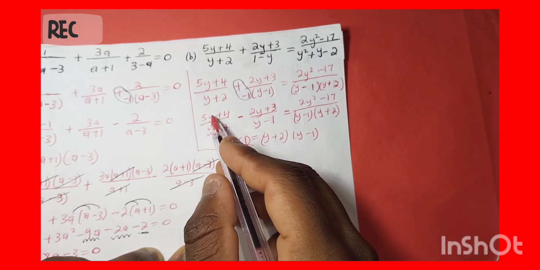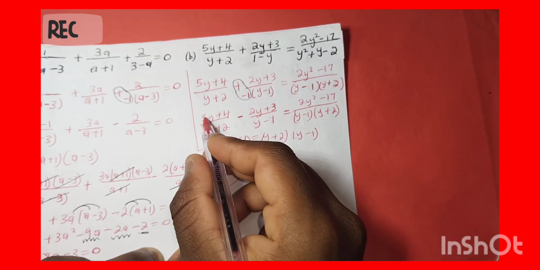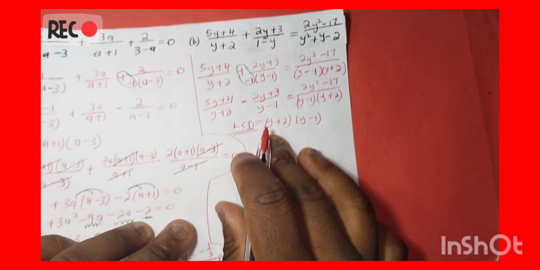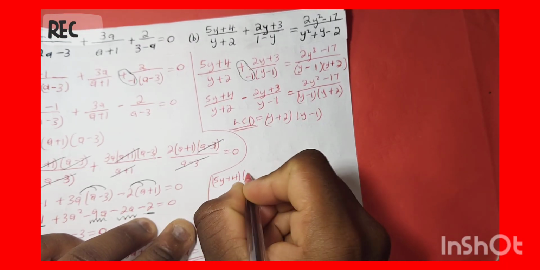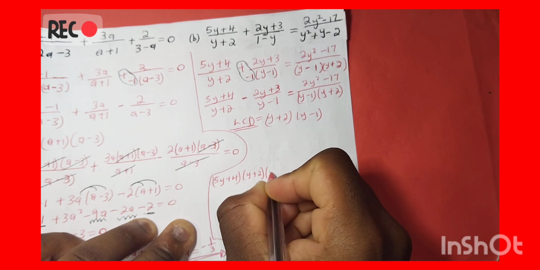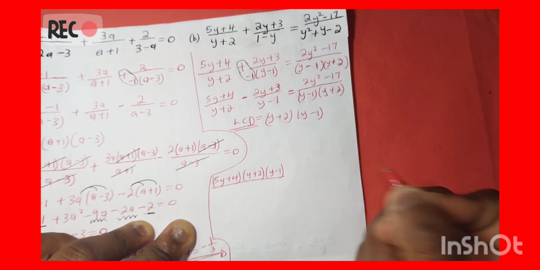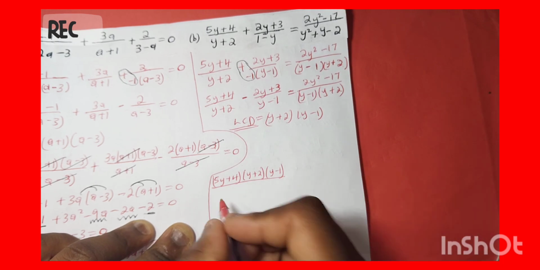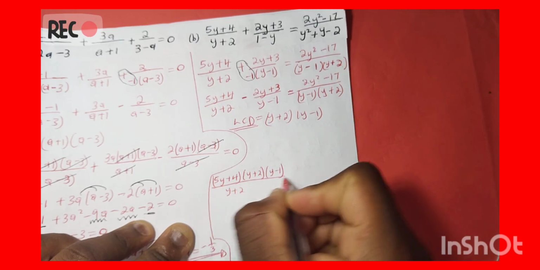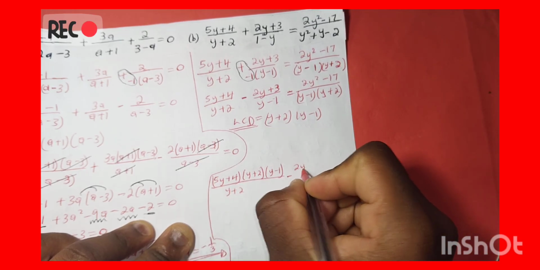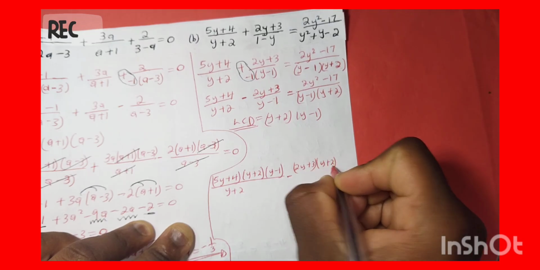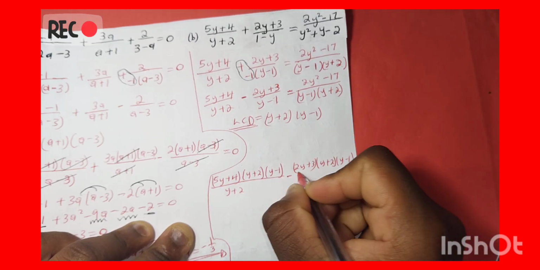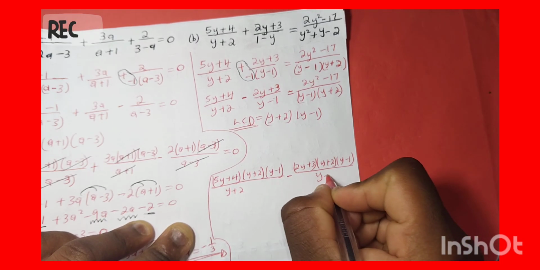Let me just do it. Meaning they will multiply. Let me try to write it here because of the small space that I see. It's y plus 2, y minus that, divided there. And now here we get minus y plus 3, which is y plus 2, y minus that, divided by y minus this.